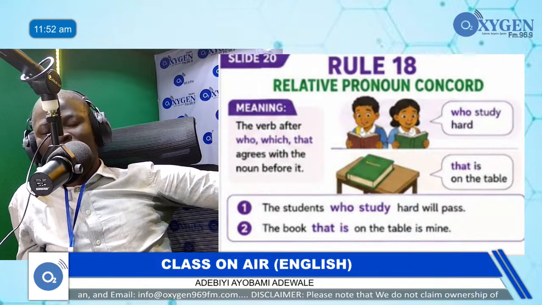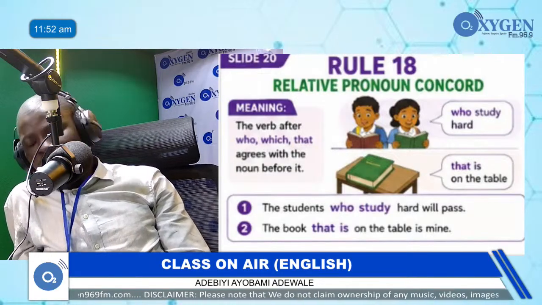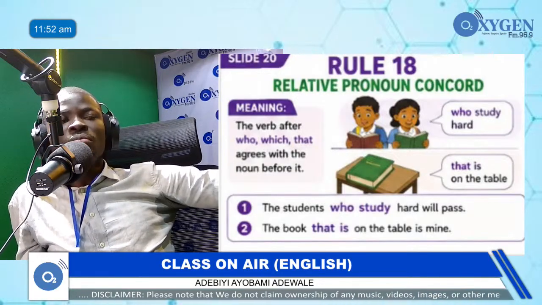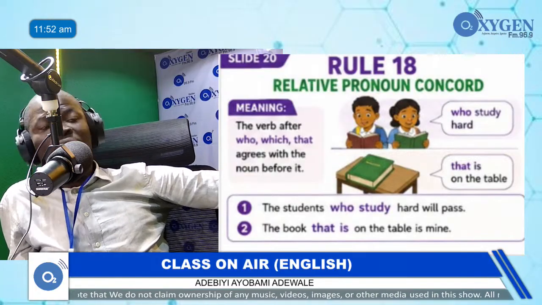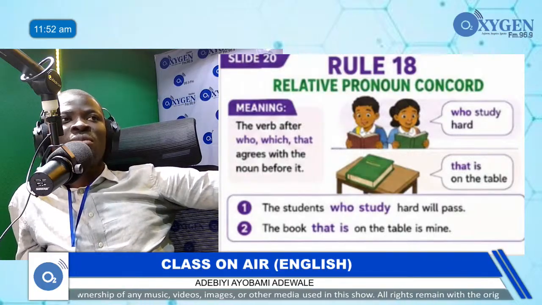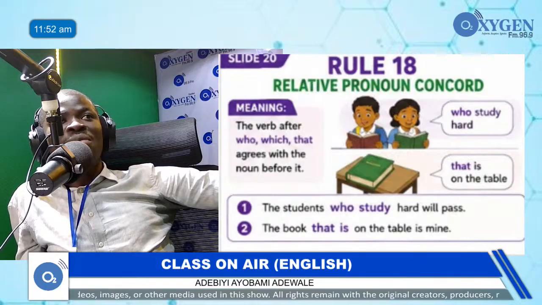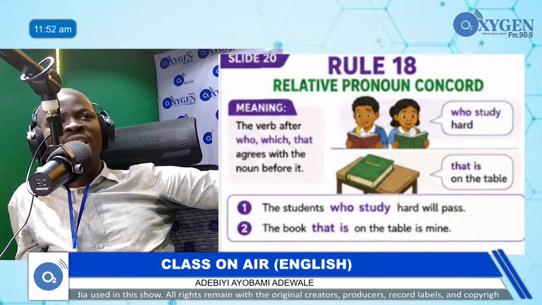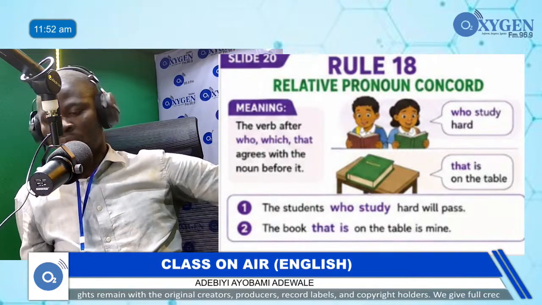So let us look at this sentence: She is one of those who came here. Our concern here is that who is going back to those, not she. Who here is going back to those because it simply means those who came here. That's the exception here. Because of time, let's just quickly rush through to 20 and call it today.